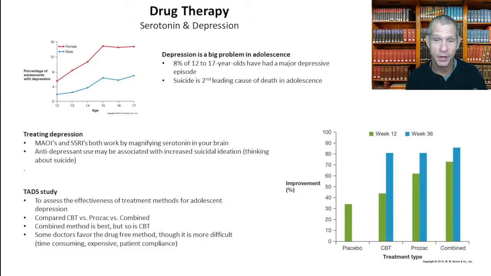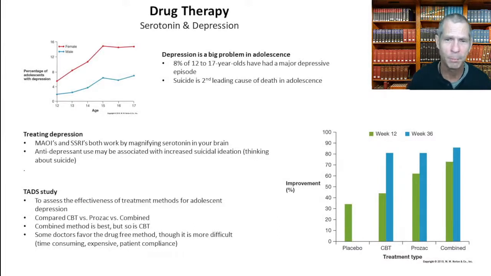Okay. And what you're going to notice there in the placebo is that some people with no medicine at all are going to report some degree of improvement in their symptoms. Now, the green bars represent improvement after 12 weeks.